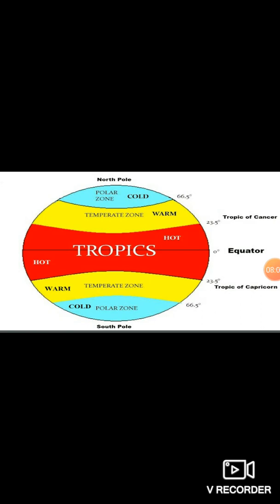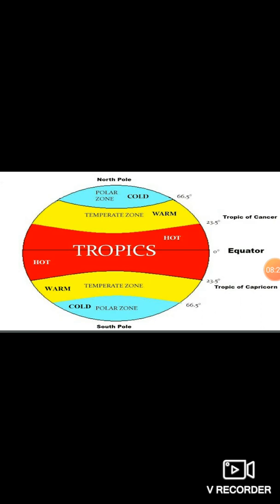The midday sun is exactly overhead at least once a year on all latitudes in between the Tropic of Cancer and the Tropic of Capricorn. This area receives the maximum heat and is called the torrid zone. Why is it called the torrid zone? Yes, this area receives the maximum heat. Why does it happen?